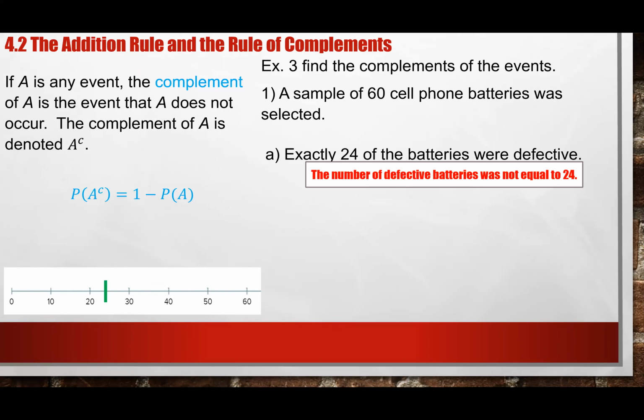No, right? So the answer to A is the number of defective batteries that is not equal to 24. Any other number that is not 24 is the complement of exactly 24.